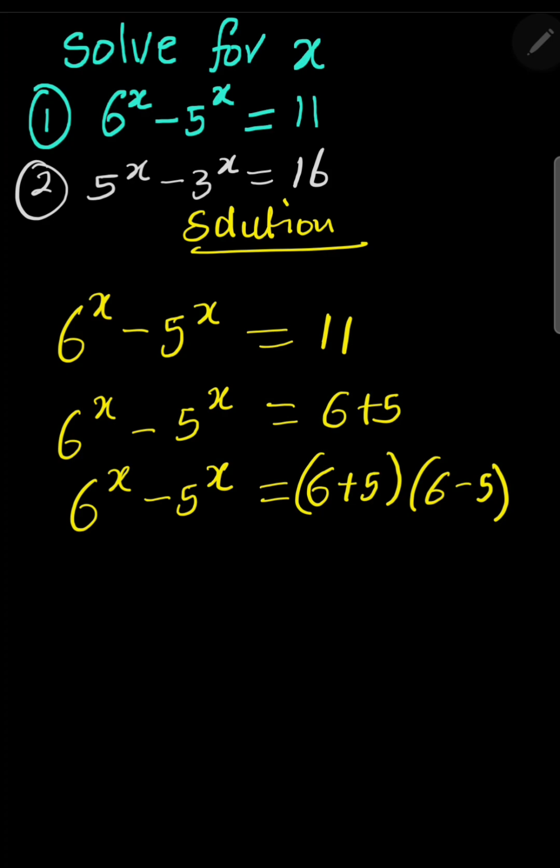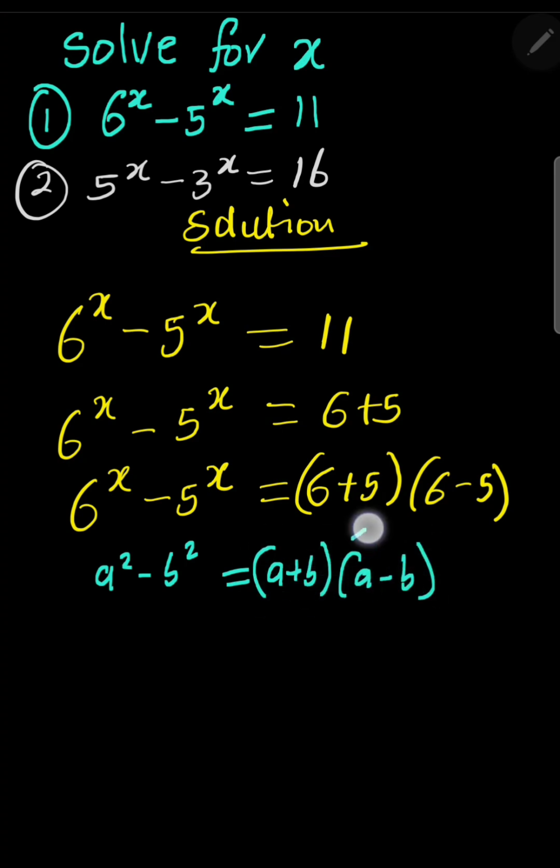So the next thing we're going to recall is difference of 2 squares, right? So we're going to recall that whenever we have a square minus b square, this is the same as what? A plus b, then multiply by a minus b. So if you look at the right hand side of this equation, you notice that this is in form of this, so we're going to convert it into this form, which is a square minus b square.